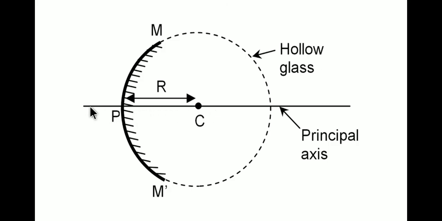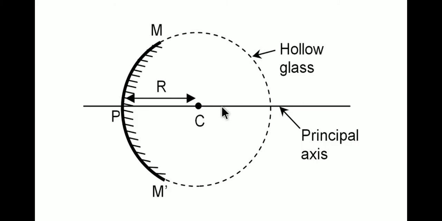This is the straight line which passes through the center of the mirror. This is the mirror and this is the center of the mirror. If you see properly, this principal axis passes through the center of the mirror towards the center of curvature. So this is the principal axis.